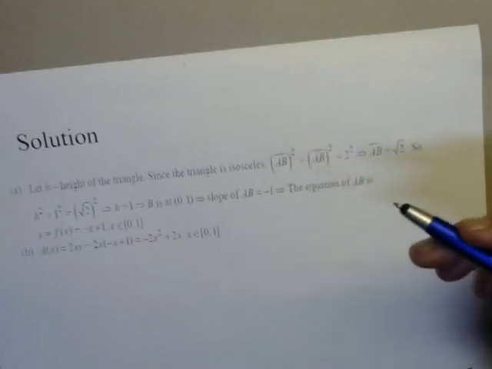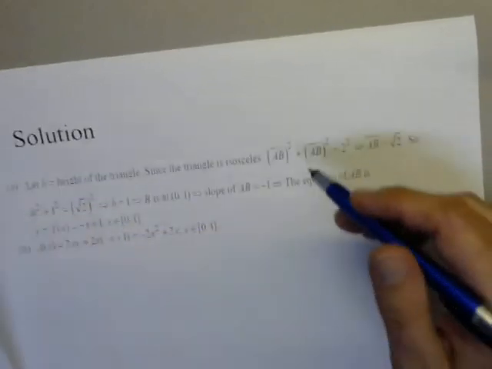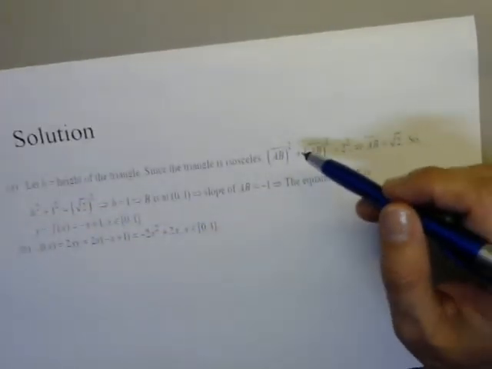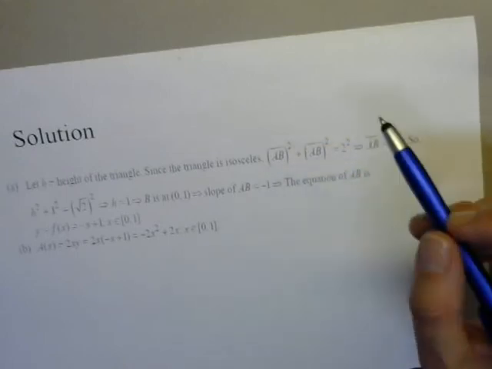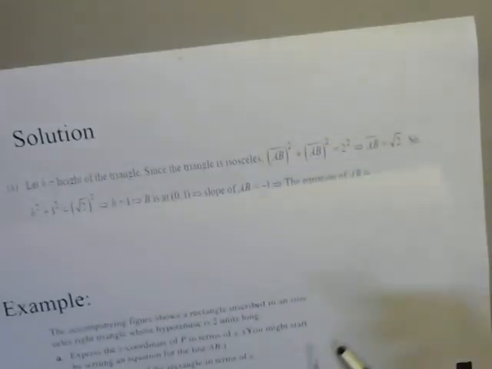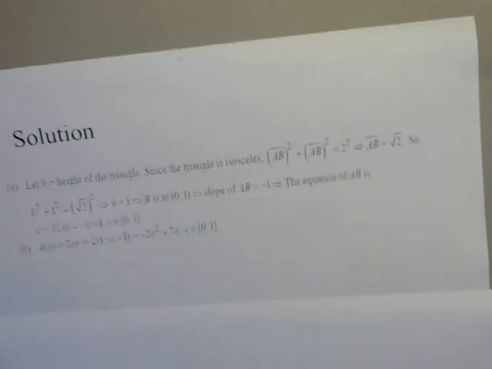So the height of the triangle here is basically 1 squared plus 1 squared, right? If this distance here is 1, I guess it's an isosceles triangle.